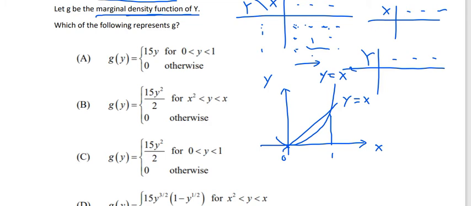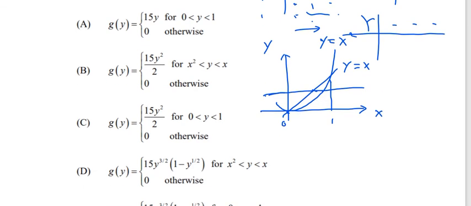To find the marginal density function for y, for a fixed y we need to add all those x, so we integrate x dx.